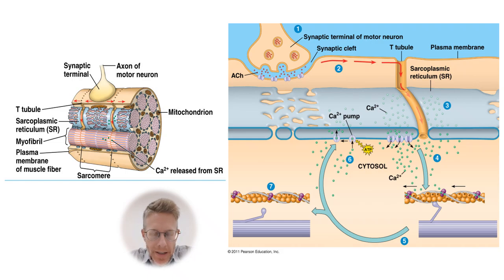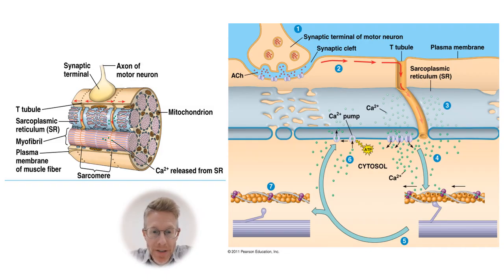It binds to ligand-gated ion channels in the plasma membrane of the muscle cell, okay, so the muscle fiber, and that's going to cause sodium ions to rush in and initiate an action potential in the muscle cell. Okay, so an action potential happens in the muscle cell.